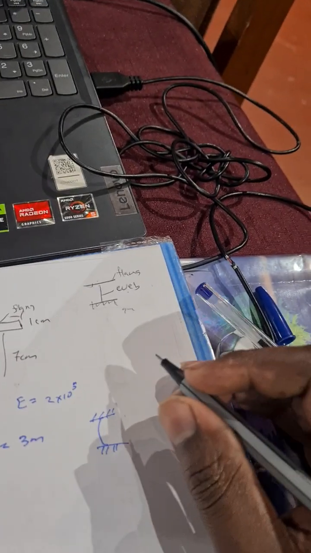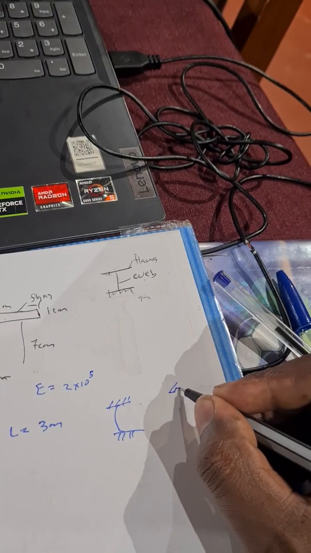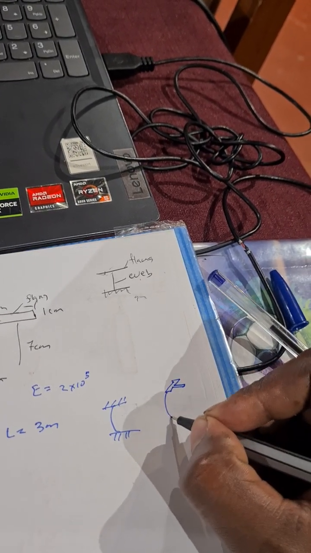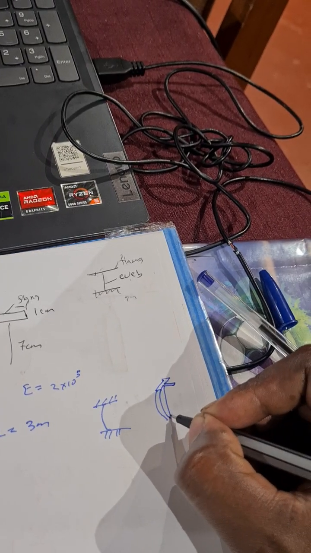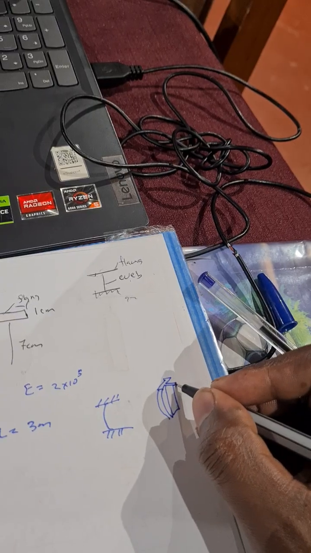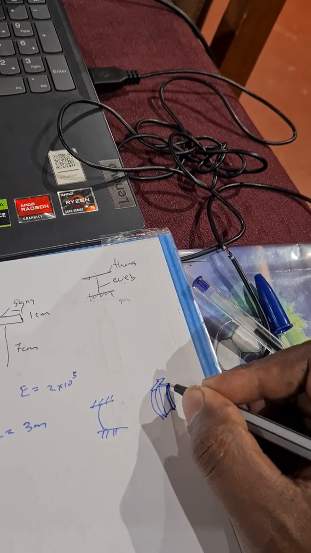So imagine this. Let me draw it in 3D. It's a T cross section, and then we bend it. It's going to be something like this. It's just for fun, people. It's going to bend here also, something like that.